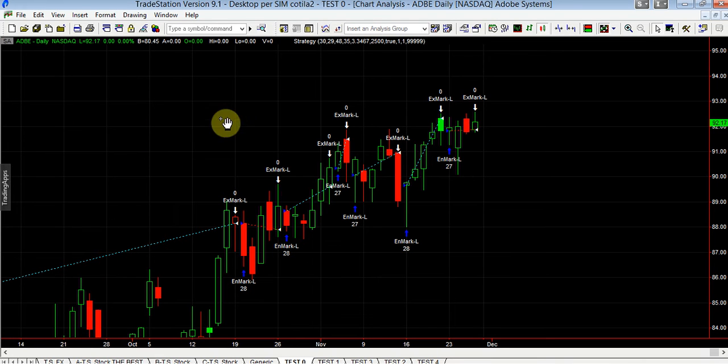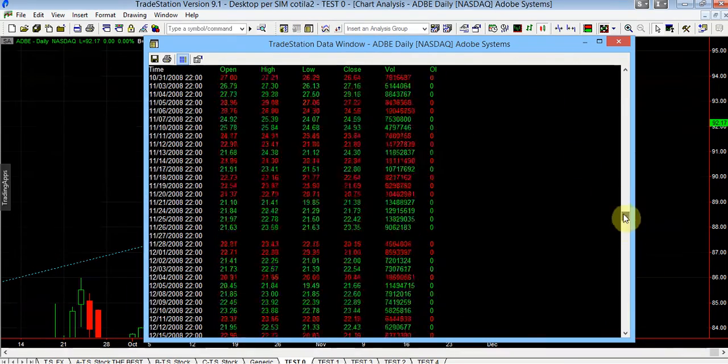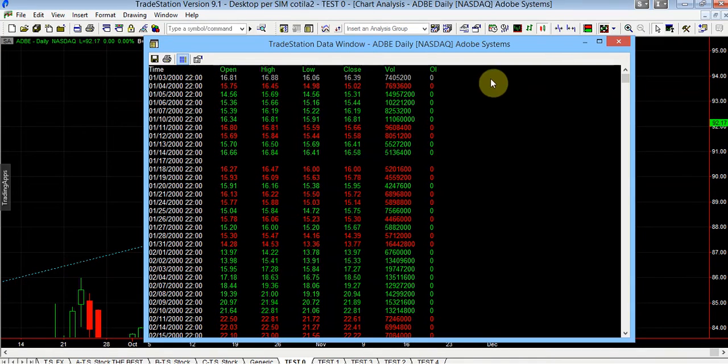For example, in TradeStation, you can download the entire data history, the entire archive, which is composed of open, high, low, close, and volume. That's the typical repository of data.